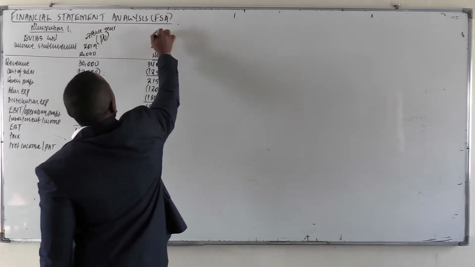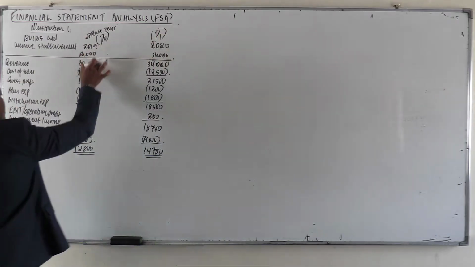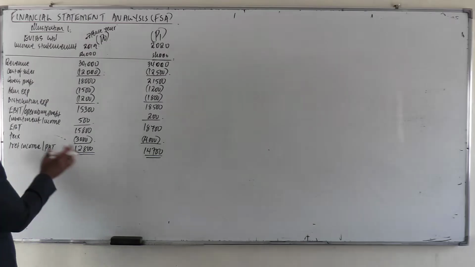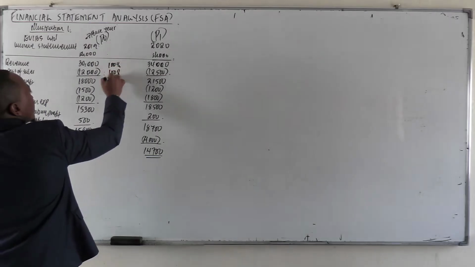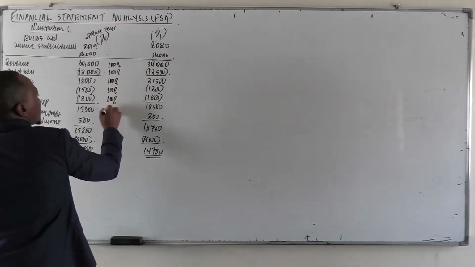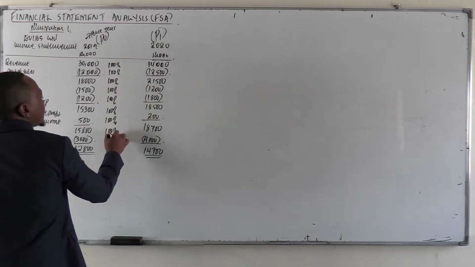Therefore, this one will be P1. You hold all the items, be it an asset, be it a liability, be it the income statement, all the items will be 100%. So here it's all about the base year. It's not about the base item.